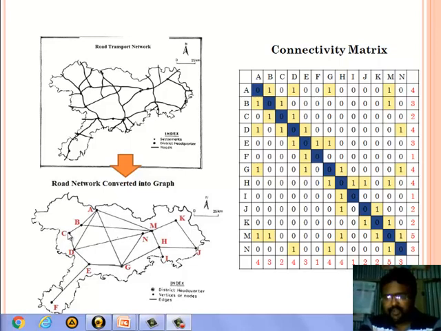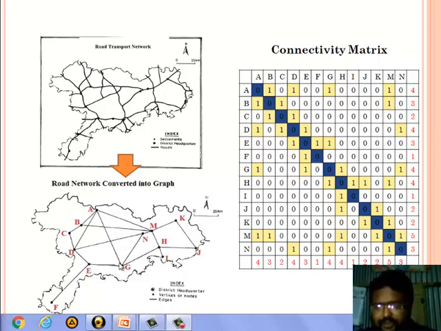Look, C is not directly connected with A. Therefore, the value is 0. D is directly connected with A, therefore the value is 1. E is not directly connected with A, therefore the value is 0. F is not directly connected, the value is 0. G, look here, G is directly connected with A, therefore the value is 1.